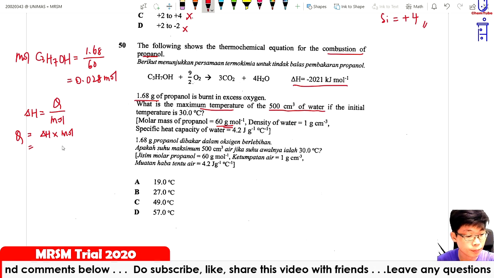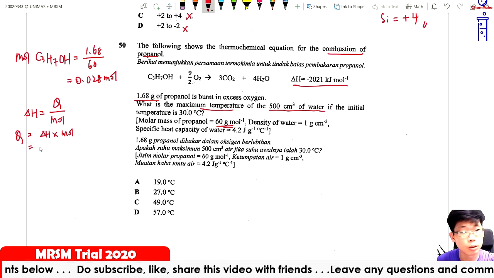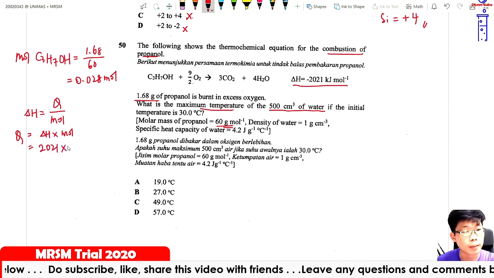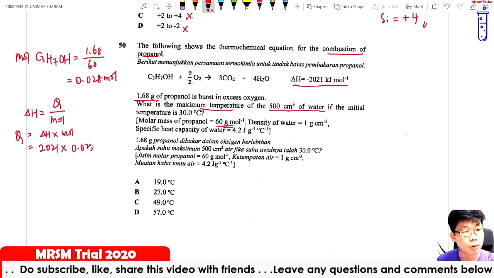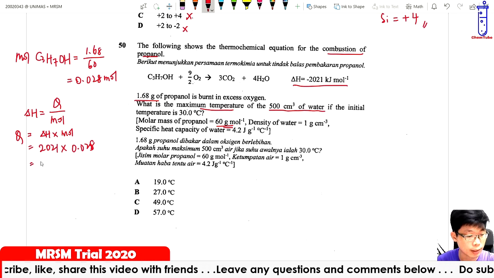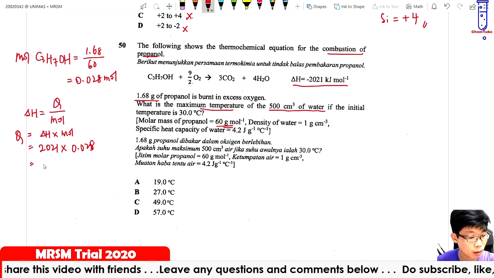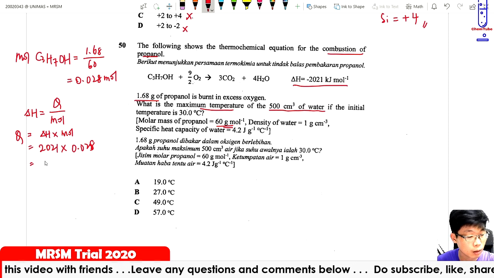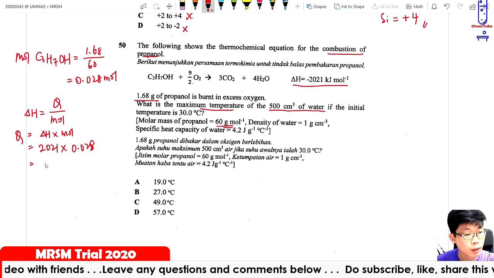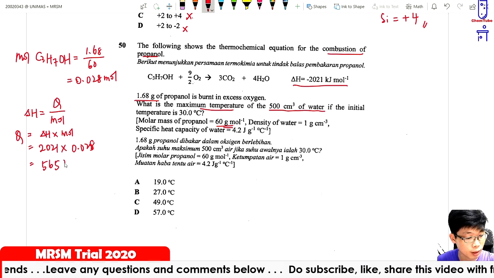So delta H is 0.2021 times mole, 0.028, so you will get 56588.